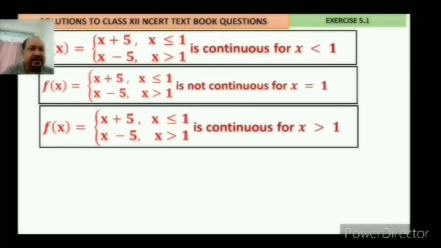The function is continuous for x less than 1, and continuous for x greater than 1. The function is not continuous at x equals 1. So x equals 1 is the point of discontinuity of the function.